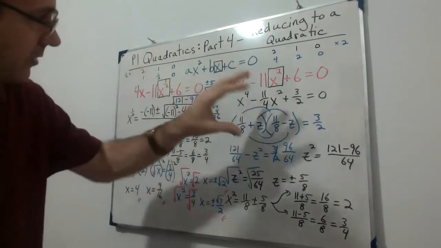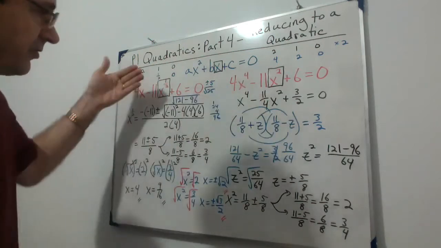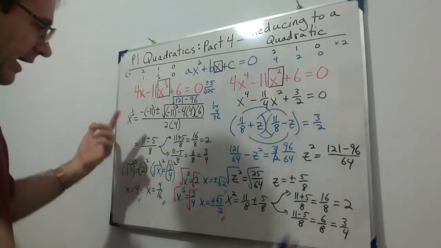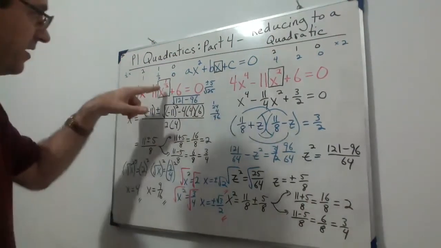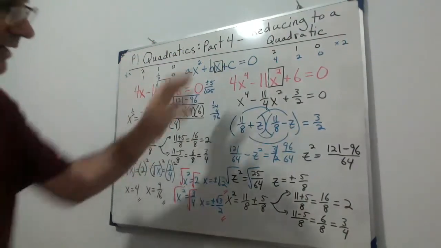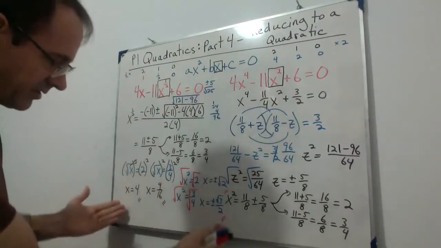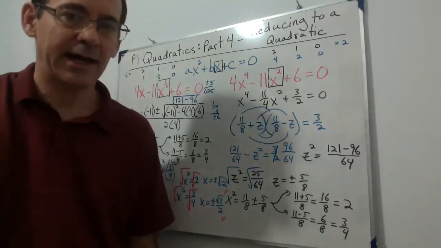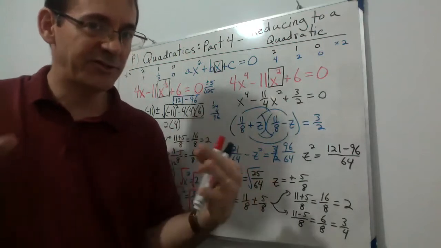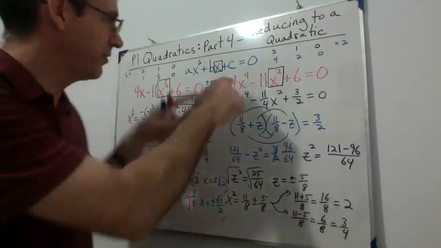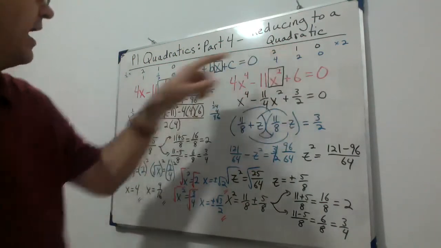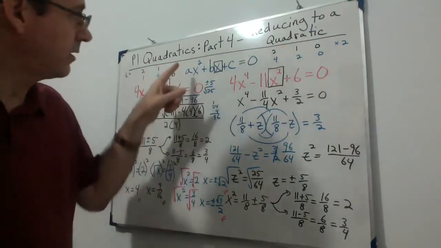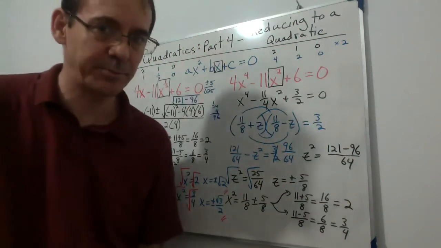Here are 2 different examples using 2 different methods, and up to the point of similarity, we got the same answer. Then this one went with the root x, this one went with the x squared to get our final answers. But you're using the quadratic tools with these non-quadratic equations as long as they are a multiple of our original 210 exponent pattern.